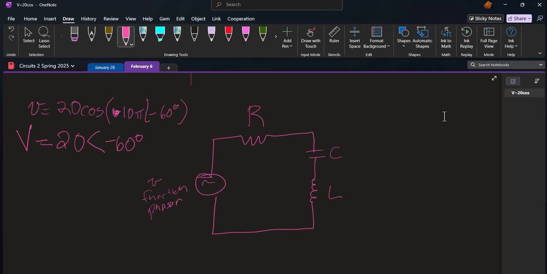I should have had a t in here, 10 pi t. And this 10 pi is the frequency of my circuit. It's the angular frequency, omega, and that would be 10 pi.